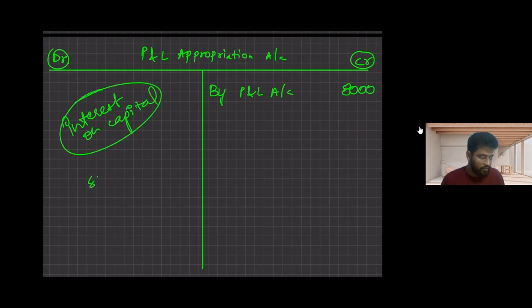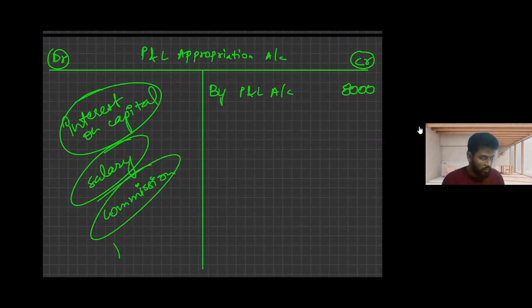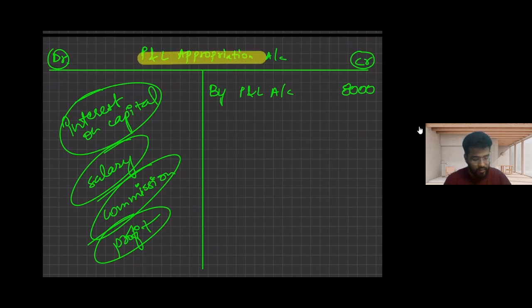If they are entitled to receive some salary, that will also come here. If they are entitled to receive commission on any sales they have made, that will also come over here. And lastly, the remaining profit should also come here. That is why this P&L appropriation account is prepared. It logically means the profit that is being appropriated to whatever items.